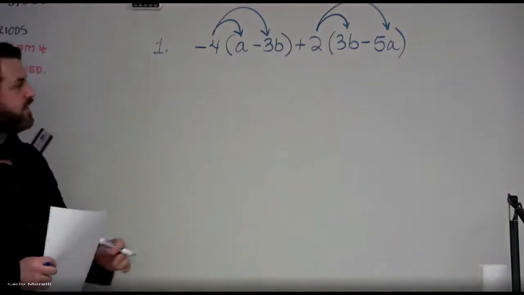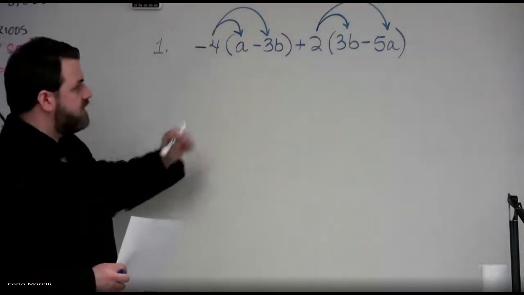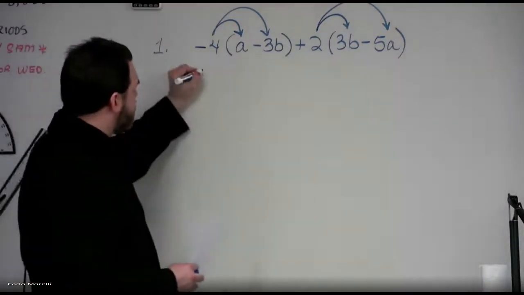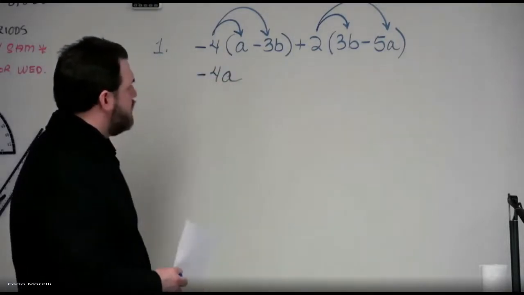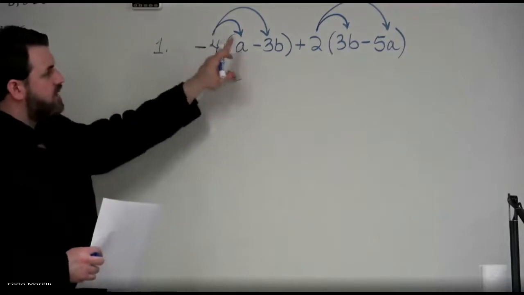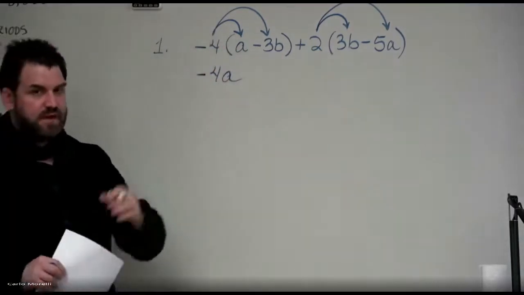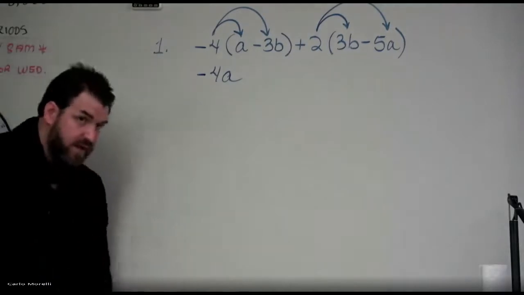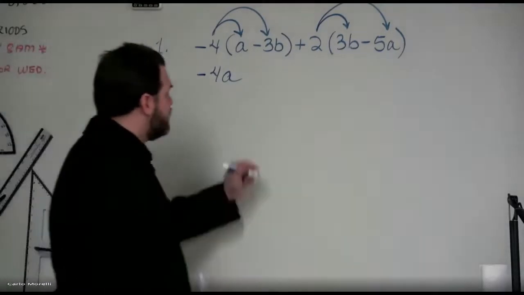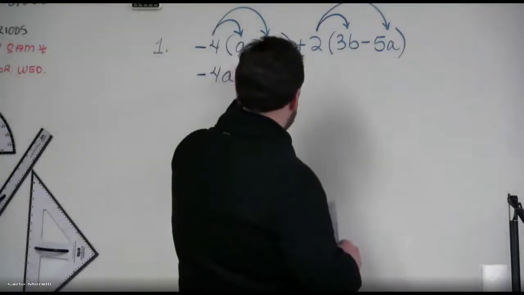So our first step is -4 times a. -4 times a is -4a. And now we do -4 times -3b. -4 times -3 is positive 12, so -4 times -3b is positive 12b.